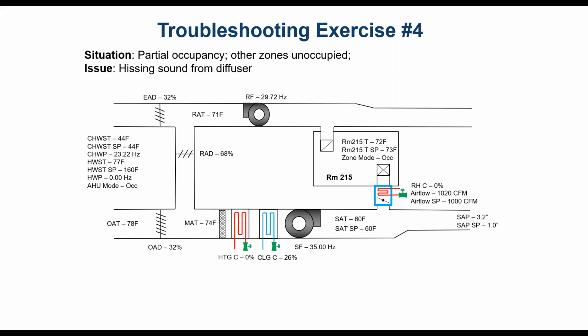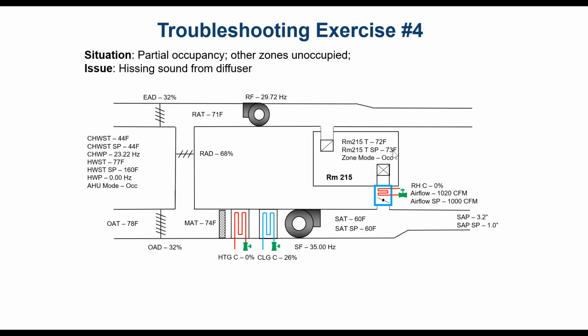Well, I would think that if you're pushing air at high velocity through a restricted orifice, that could possibly create a hissing sound. All right, so let's look at airflow. Step 4, let's investigate that control loop. The airflow right now for this space is 1000 CFM set point, and we're at 1020 CFM. So we must be controlling well, and yeah, we're controlling well to space temperature.